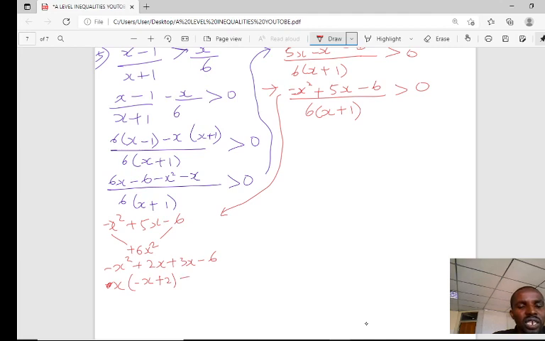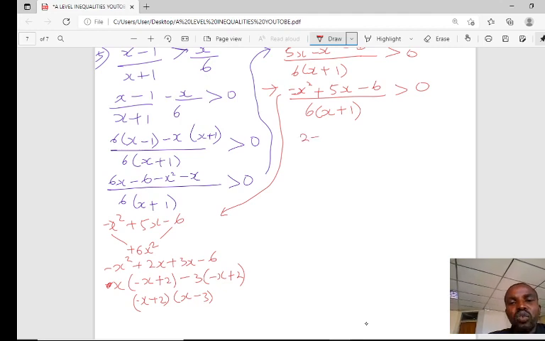Then on this one, let's also factor out minus 3, so that it will be the same. So you get minus x plus 2, like this. Then you write minus x plus 2, then x minus 3. Minus x plus 2 is the same as 2 minus x. Let me write the factors here.